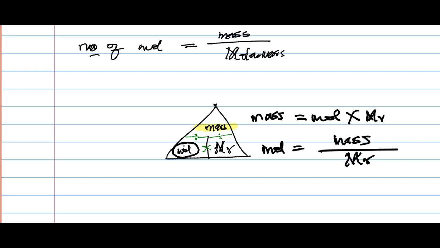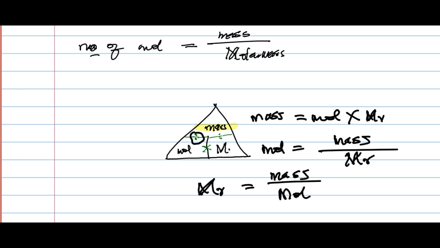Let's assume that we cover MR. What do we have left? We have mass divided by mole. So it means molar mass, which is MR, equals mass of a substance divided by the mole of that substance. So let's put our MR back.